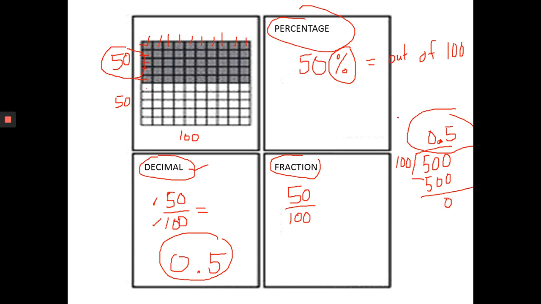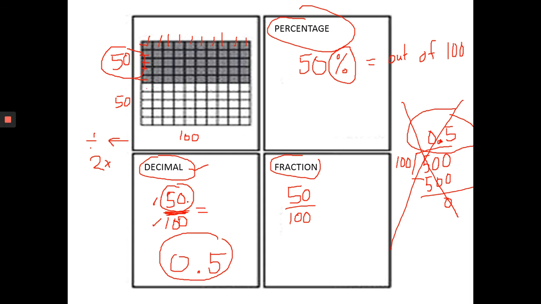But actually, there is a way where you don't need to do this manual division. When you divide a number by 100, you can just move your decimal point to the left 2 times. In this case, there is no decimal point, right? But remember, after the whole number there is always a decimal point, but it's hidden.